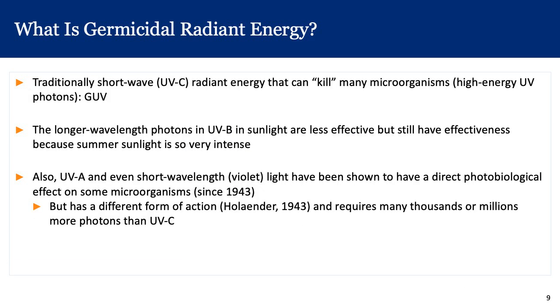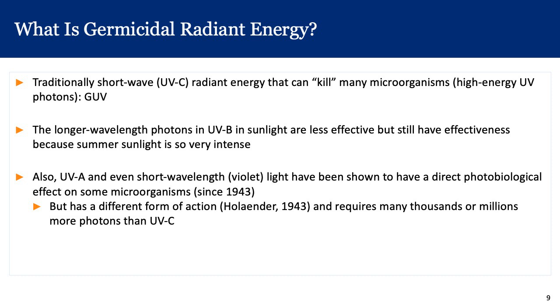All right, so what do we mean by germicidal radiant energy? UVC is almost exclusively used for air, water, and surface disinfection because these are the highest energy UV photons available. Now, it's important to distinguish between the benefits and risks of the different spectral bands.